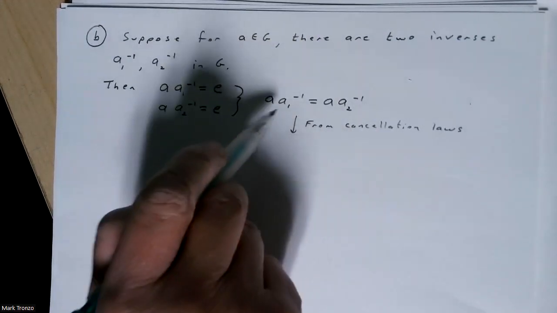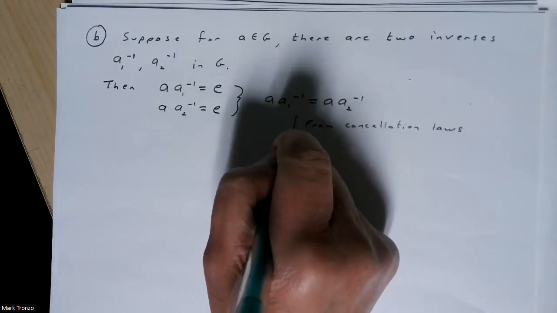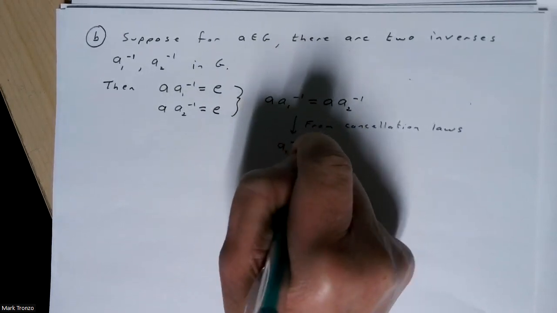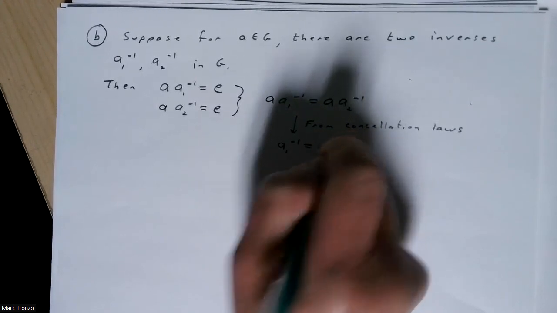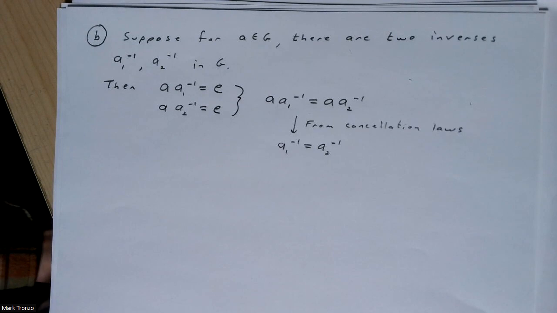From the cancellation laws, this implies that A1 inverse is equal to A2 inverse. So they're really the same. So we assumed we had two different inverses for a given A, and we proved that they're really equal to each other.